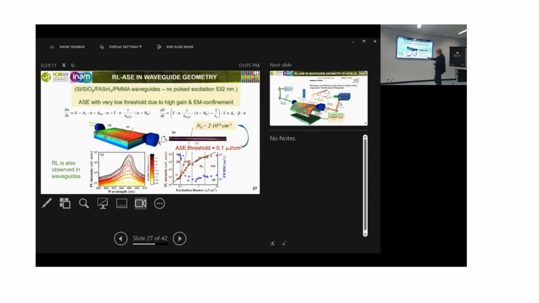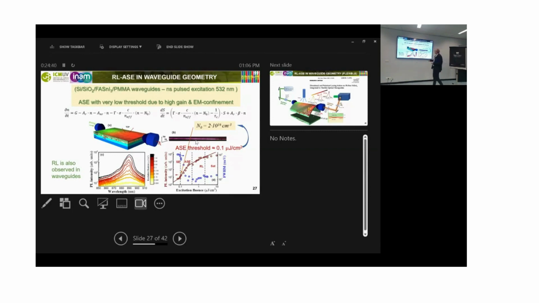And I mentioned, okay, we are using it, and it's not as visual as in previous cases, but we also have a random lasing regime that is linear, then superlinear behavior of the intensity of the emission, and later again the random lasing regime.